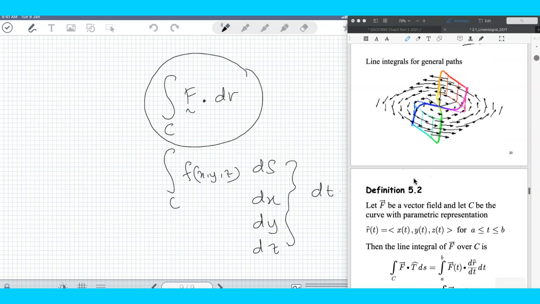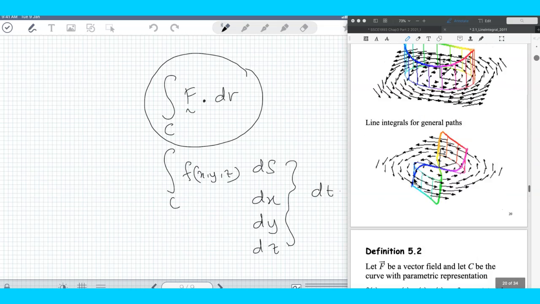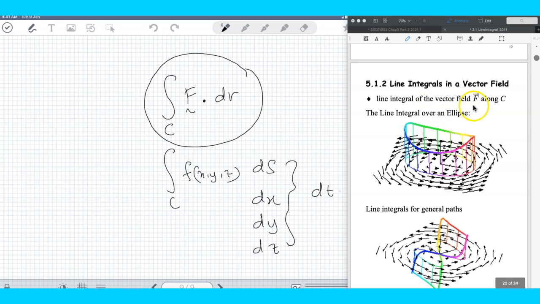Now we look at the general form of the line integral of the vector field F along the curve C. Let's say your C is an ellipse, so you can see the ellipse here, in 3D. The idea is the same as we have looked at before.